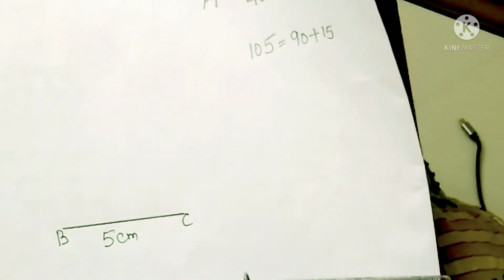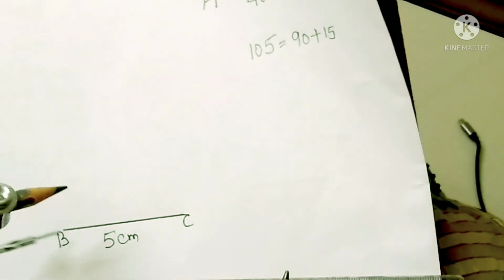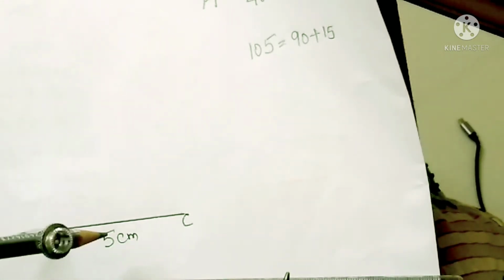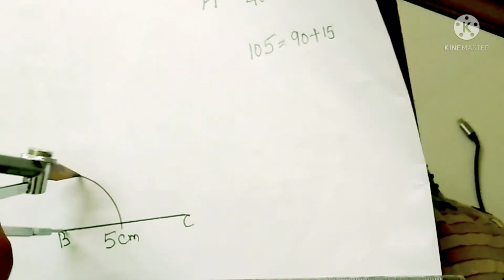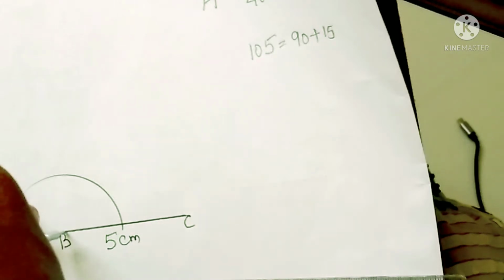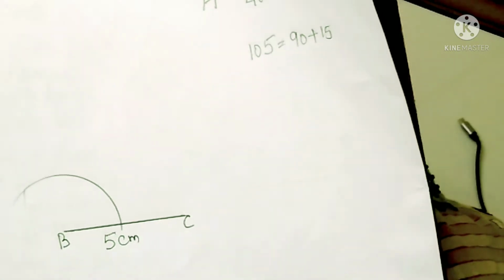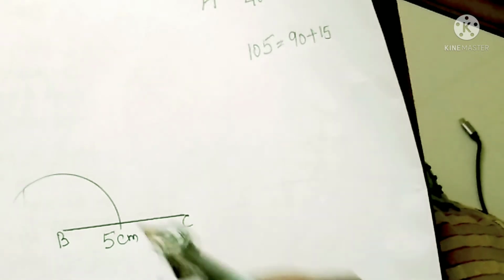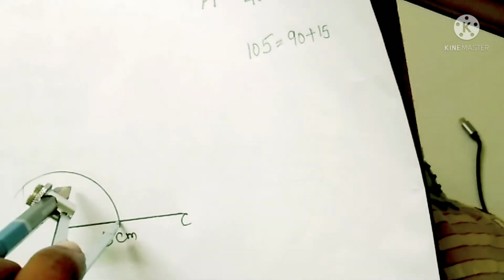So first keep the pointer of the compass here on B and draw a big arc. Okay, I hope you can see it clearly now. After that, take the same measure from this point. See, this is the point where you have to keep it.